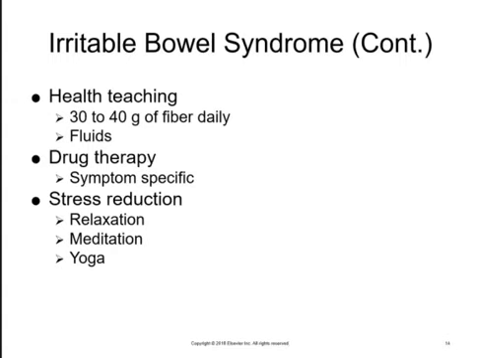Drug therapy is going to be symptom specific, so it's really going to focus on what is occurring with that particular client. If they're constipation dominant, they're going to go towards more of the Metamucil. So they're going to go towards more laxatives. And there's a newer one out called Linzess, and that is a water absorbing laxative that also stimulates bowel movements.